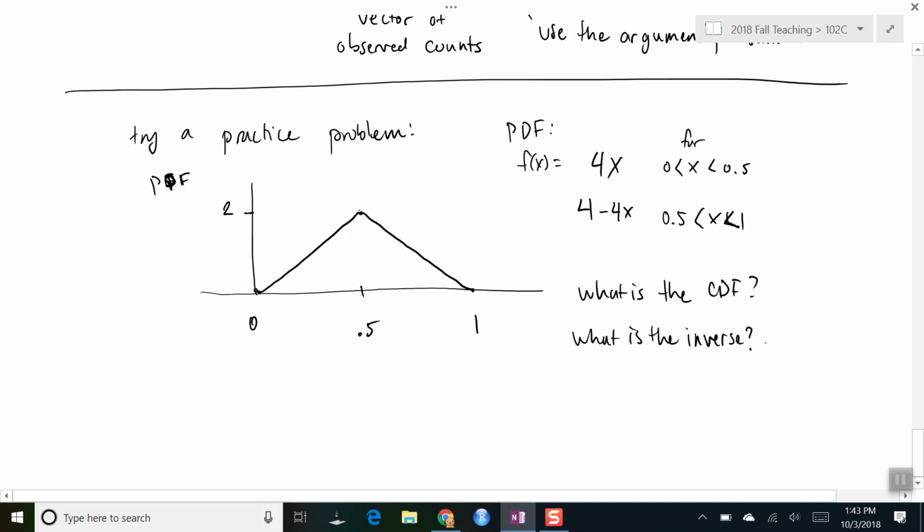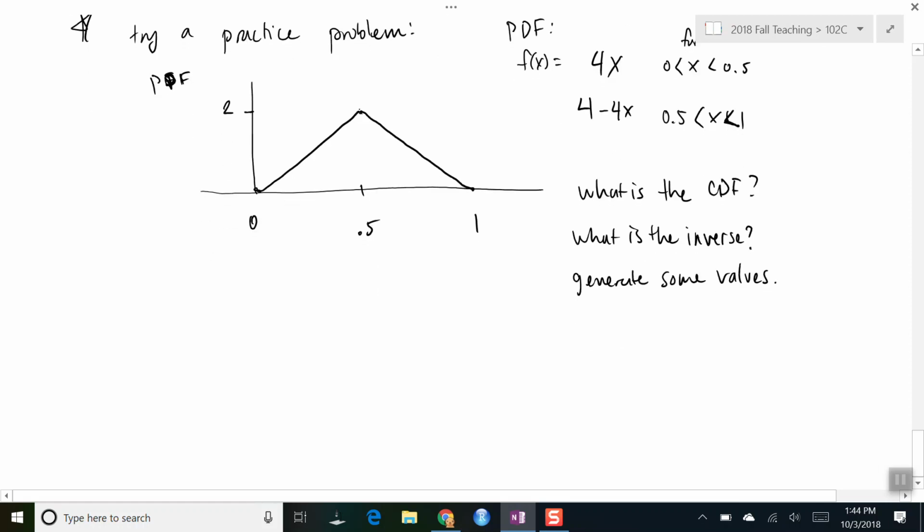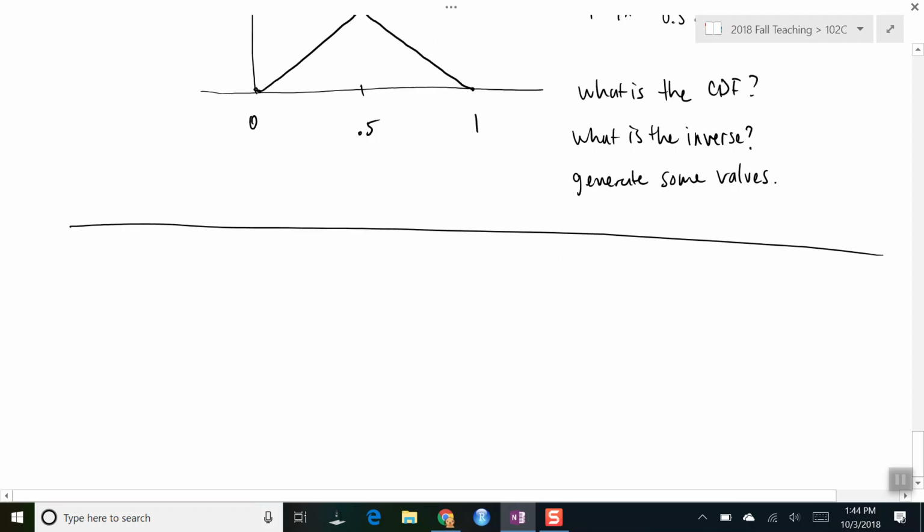Okay, all right, so if this is our PDF, just try this out, right? So what is the CDF? And then what's the inverse? All right, this is a good practice problem, you guys.